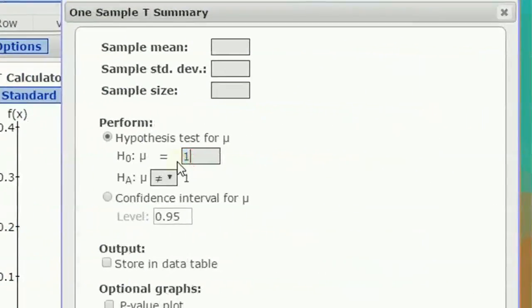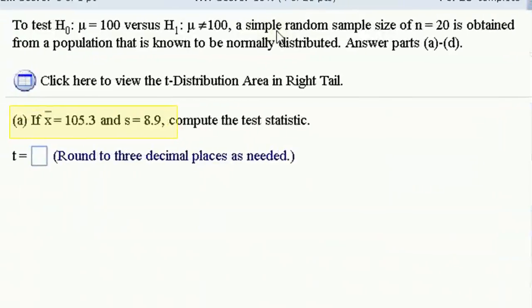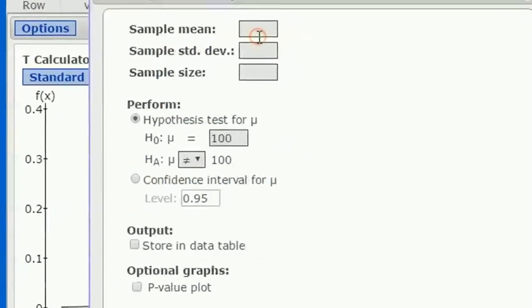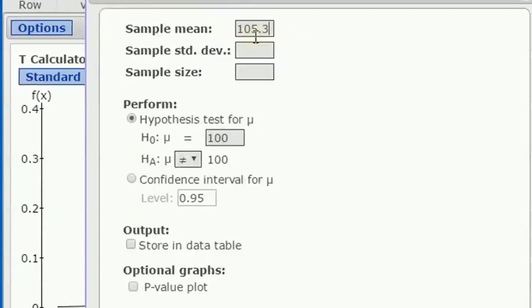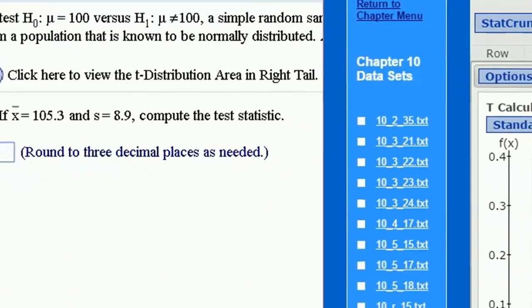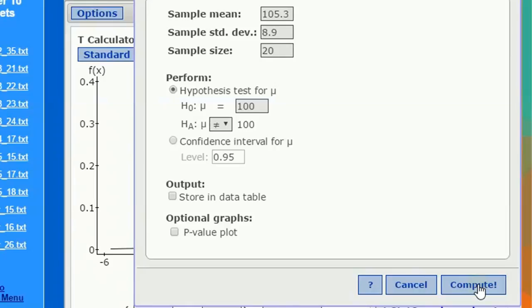Mu equals 100 is my null, mu not equal to 100 for my alternative. My sample mean is given here, 105.3. My sample standard deviation 8.9, and my sample size is up here, 20. So put that in, click compute.